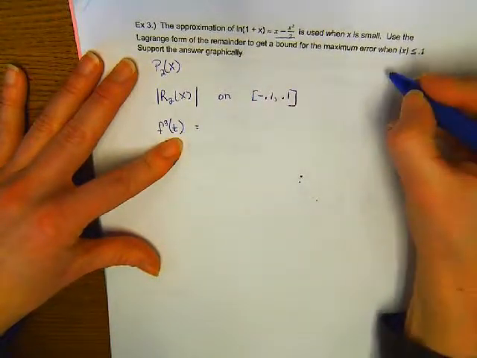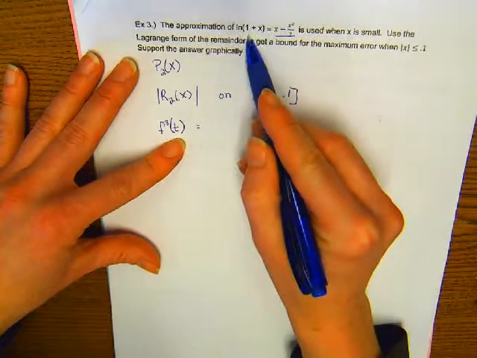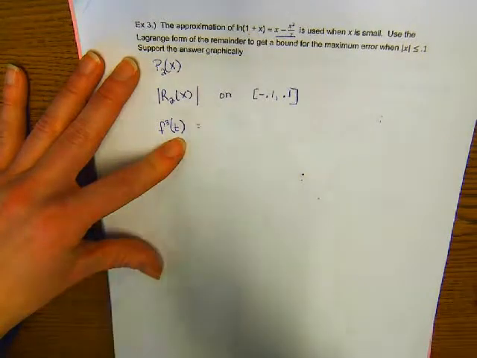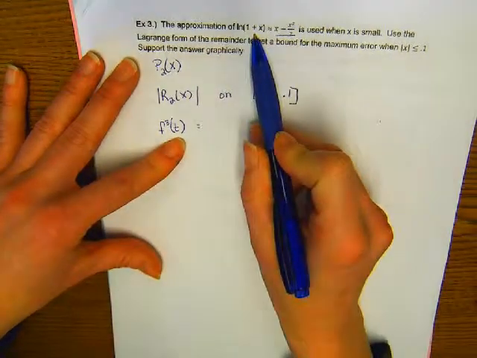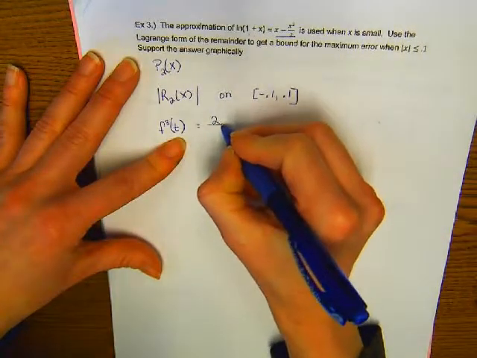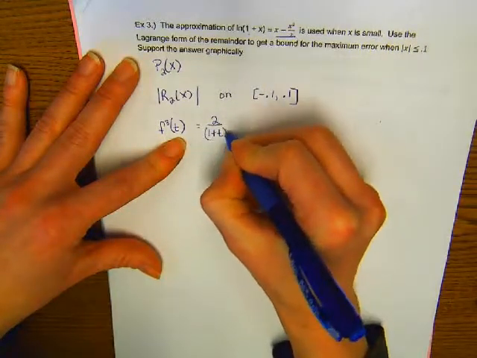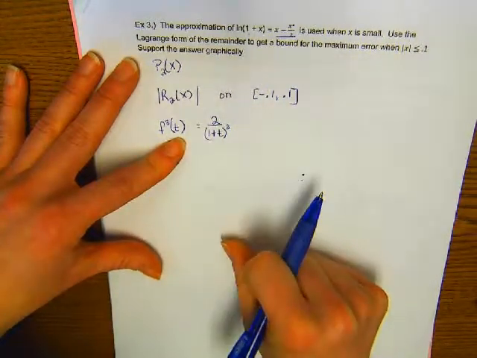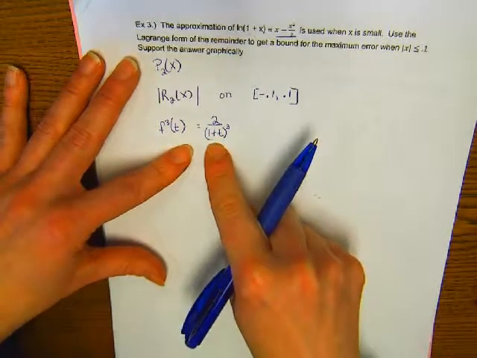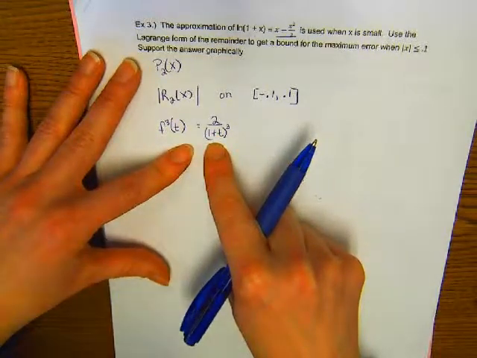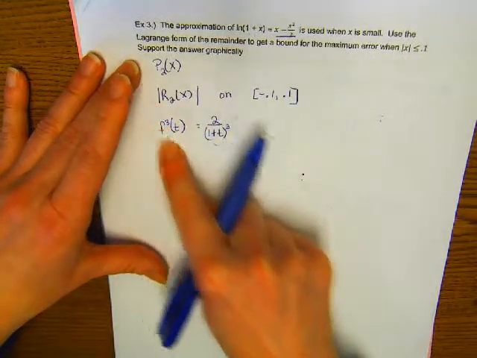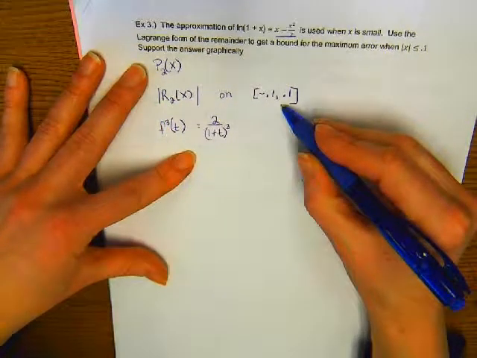If you would go through, the first derivative of this is 1 over x, the second derivative is negative 1 over x squared, the third would be 2 over (1 + t) cubed. If you were to graph this function, what you would find is this is a decreasing function.